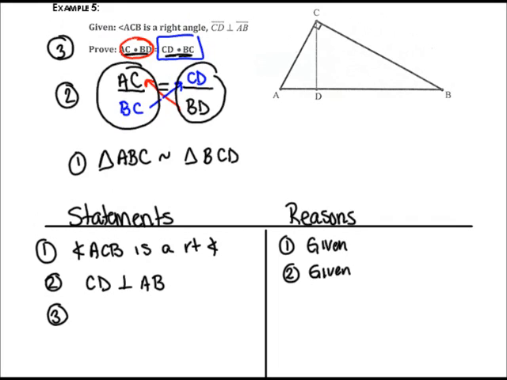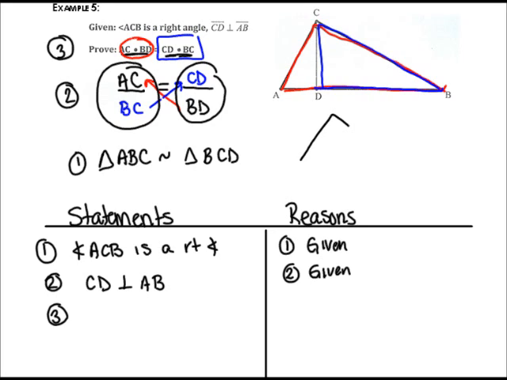So again, looking at the two triangles we're trying to prove are similar, it's ABC, which is the big triangle, with the small triangle BCD. And again, sometimes it's helpful to either color code it or redraw it sometimes is helpful too.